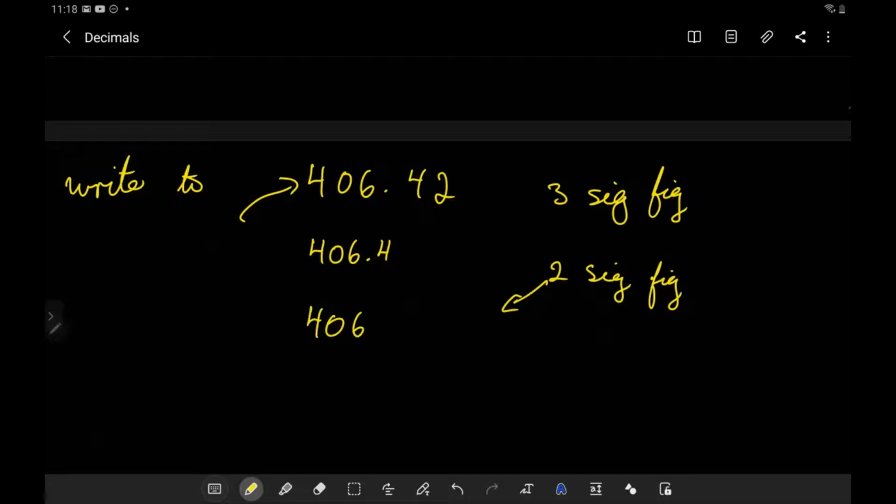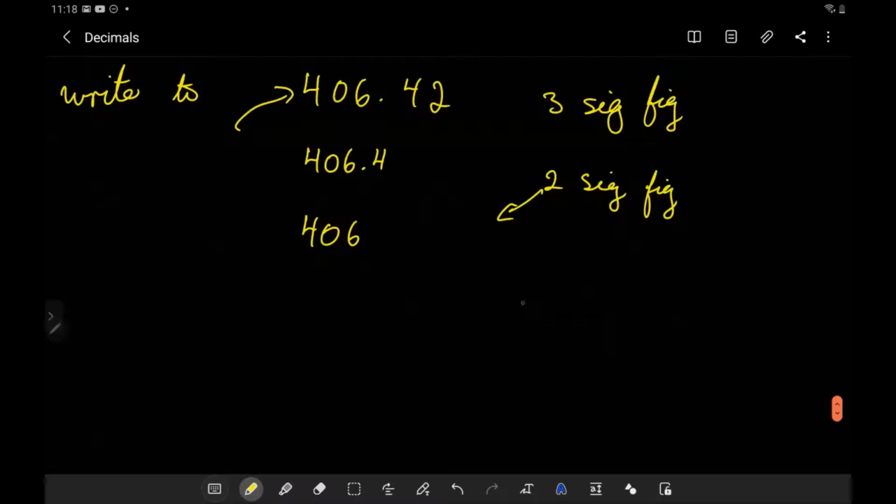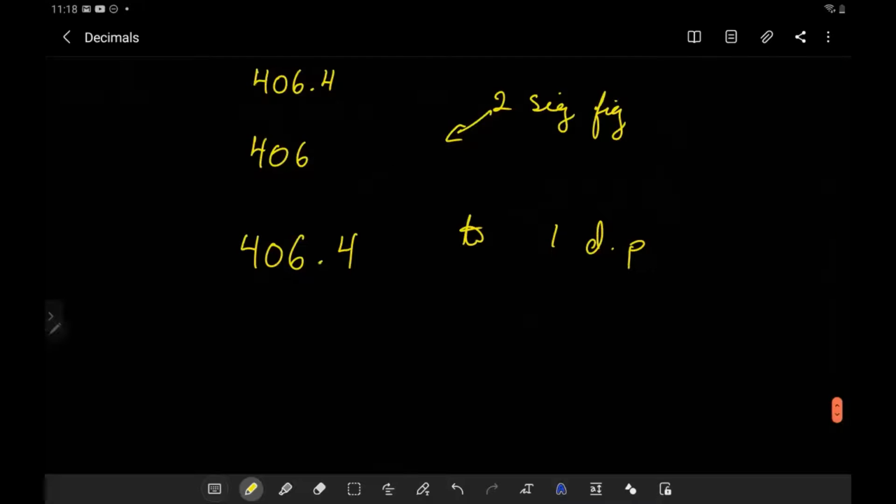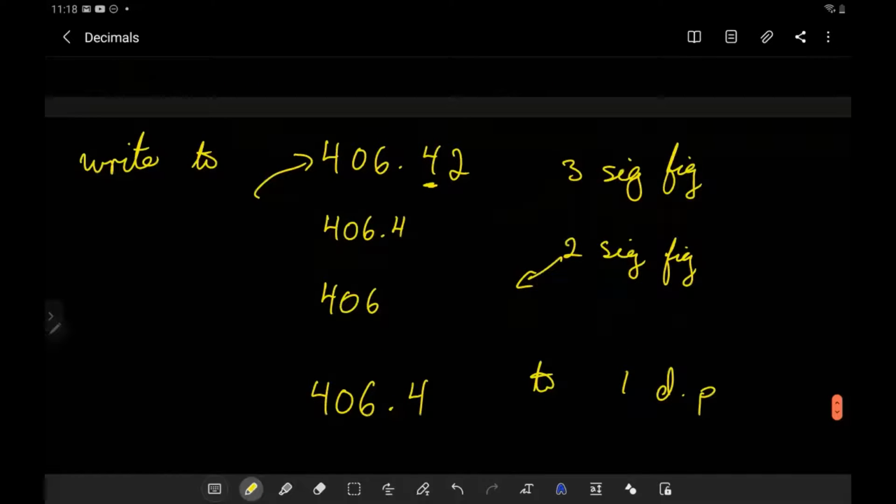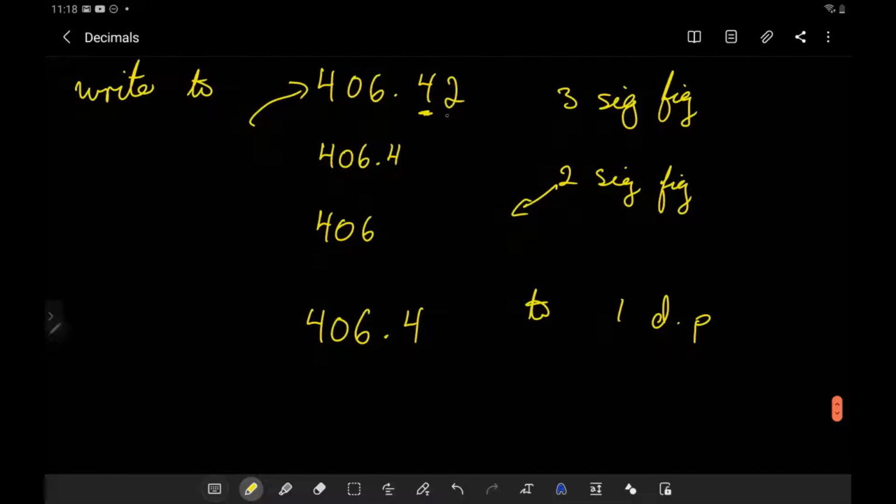And finally, what is this number to one decimal place? 406.4, right, because this is the decimal place. Remember the definition? You have to look at the next number and ask yourself if it is less than 5, which in this case it is. So don't mix up significant figures and decimal places. Those are distinct things.